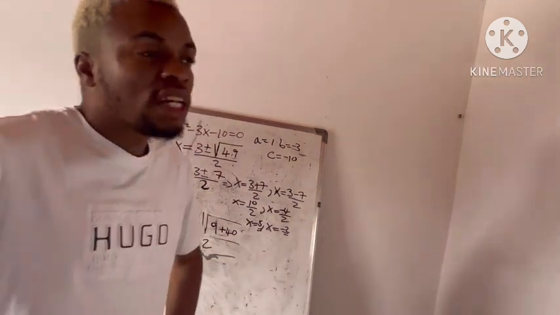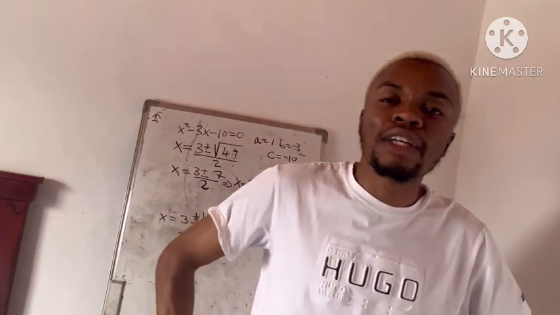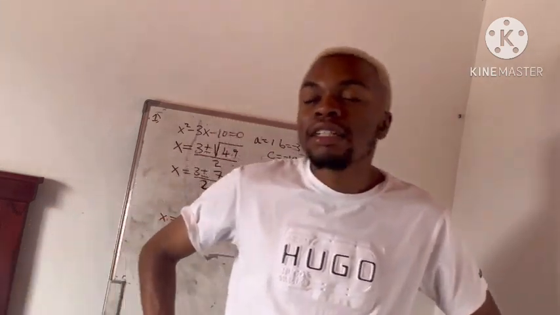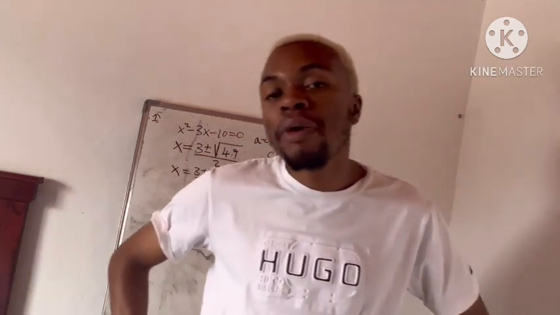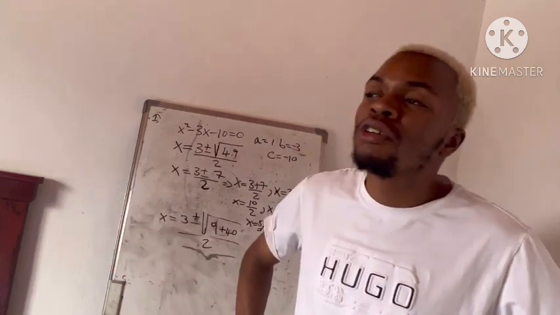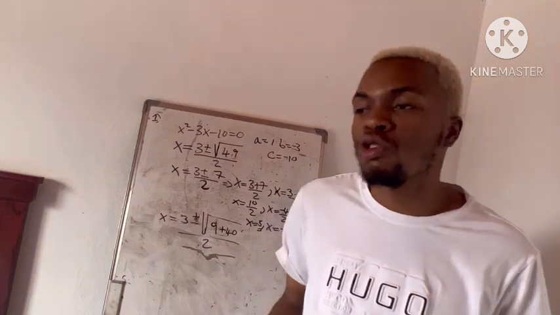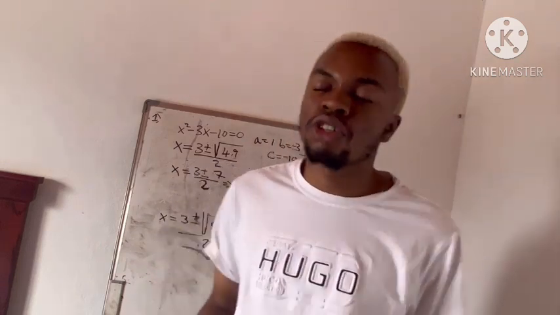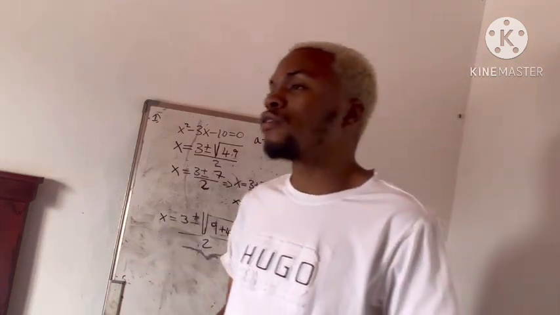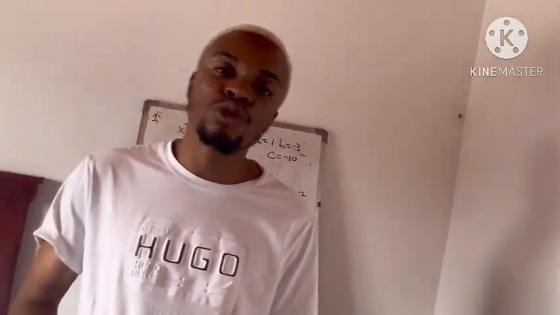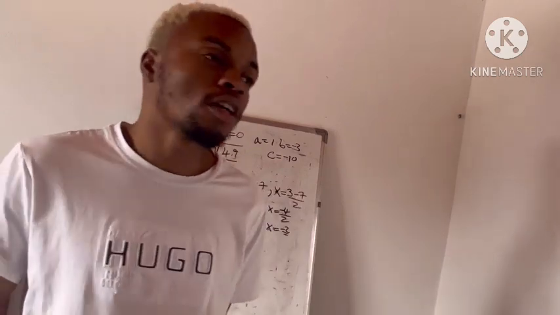Now, the last method you can use to solve this equation is the graphical method. Many people solving this equation don't really use it, because it can be a little time consuming since you have to sketch graphs.